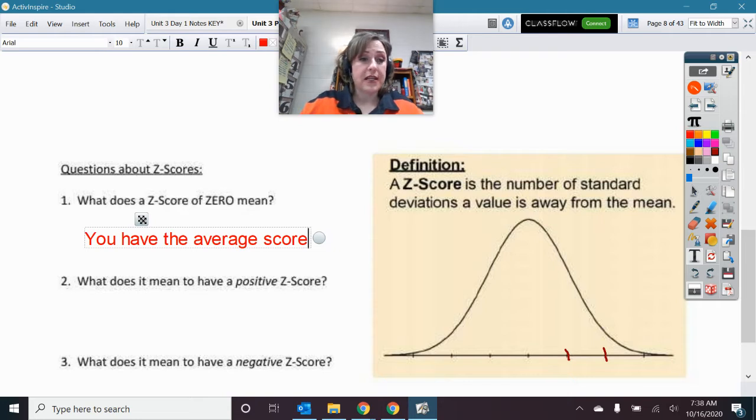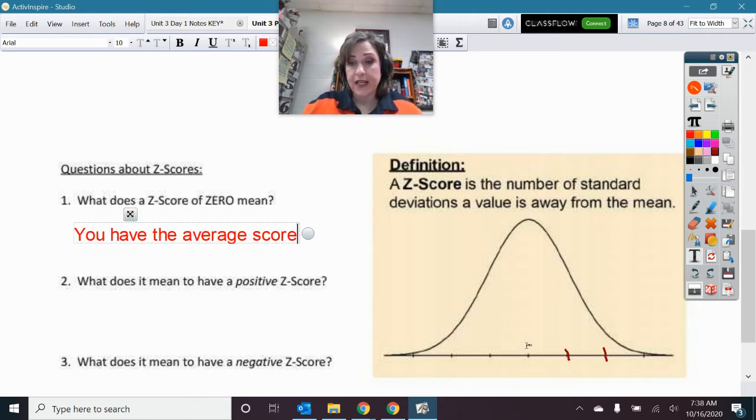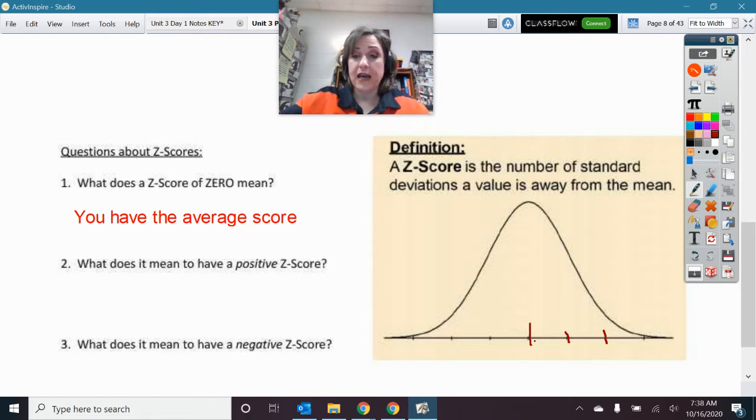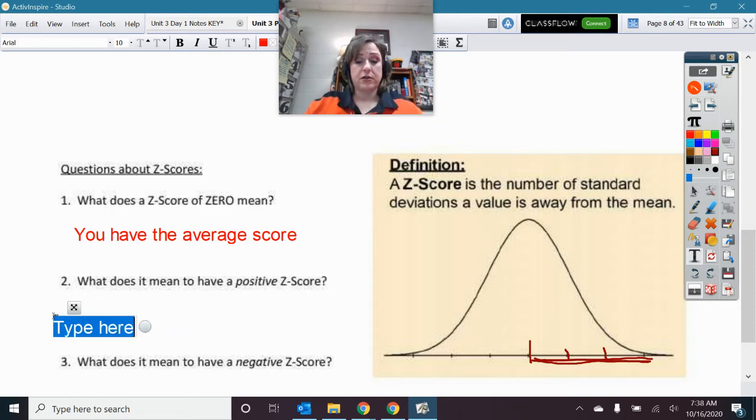Okay, so a 0 is right here at the mean. What does it mean to have a positive z-score? I hope you know that means that you got a score greater than average.